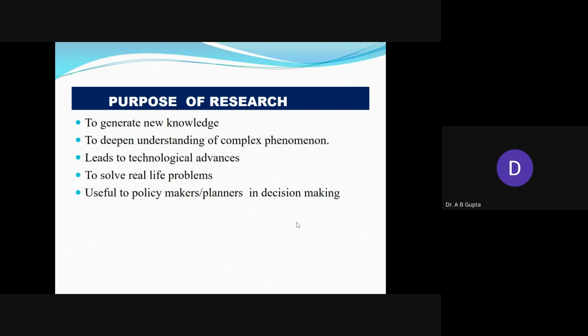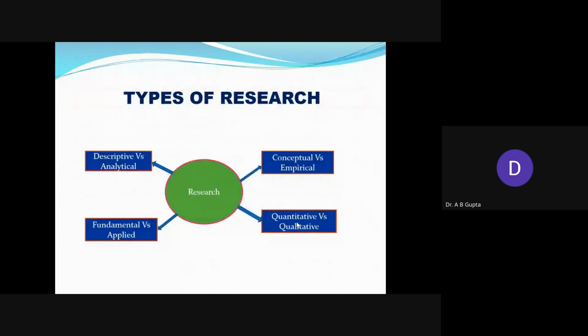So policymakers and planners are always looking out for research findings, and these findings help them in making better decisions. So research is very, very helpful. So my friends, this is why research is very significant, very important, and continuously we need to carry out this research, move towards new knowledge, move towards reality.